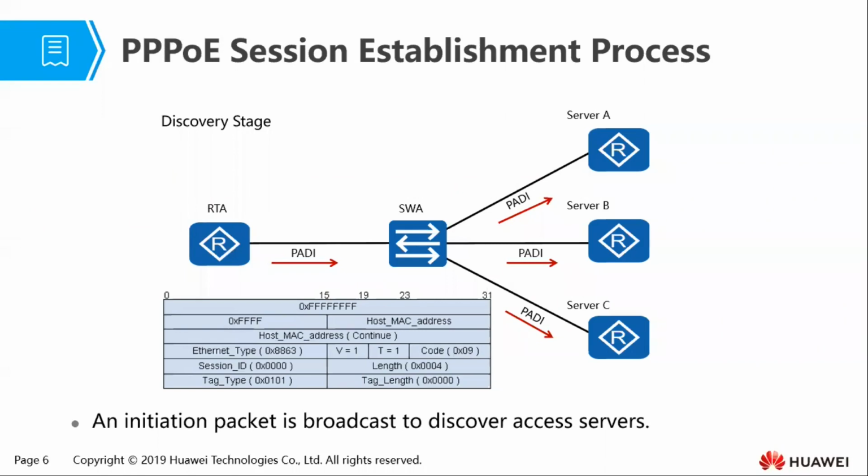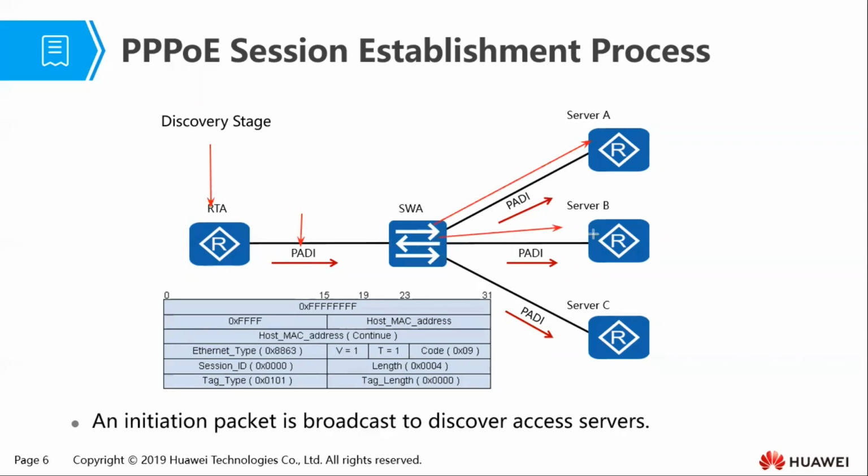Now let's begin with the very first part of the discovery stage. In the very first part of the discovery stage, your DSL modem or your router is going to send a PADI, a PPPoE active discovery initiation packet. Now, the PADI is a broadcast. So why is it a broadcast?